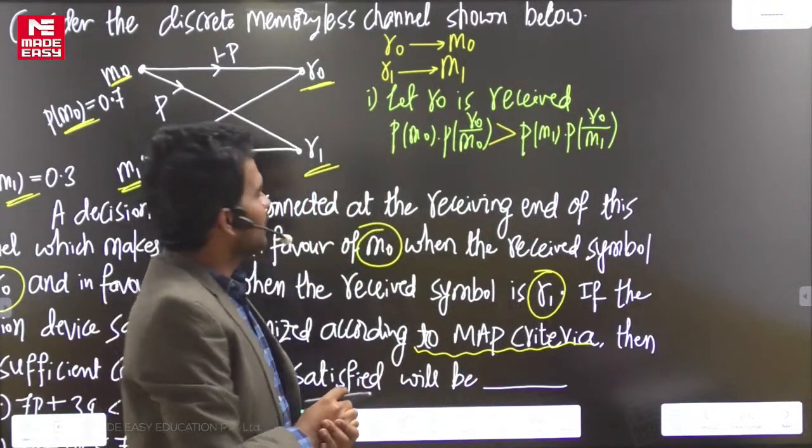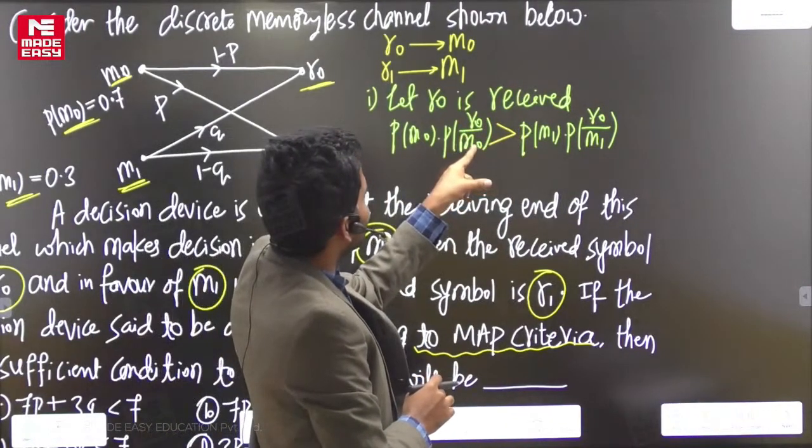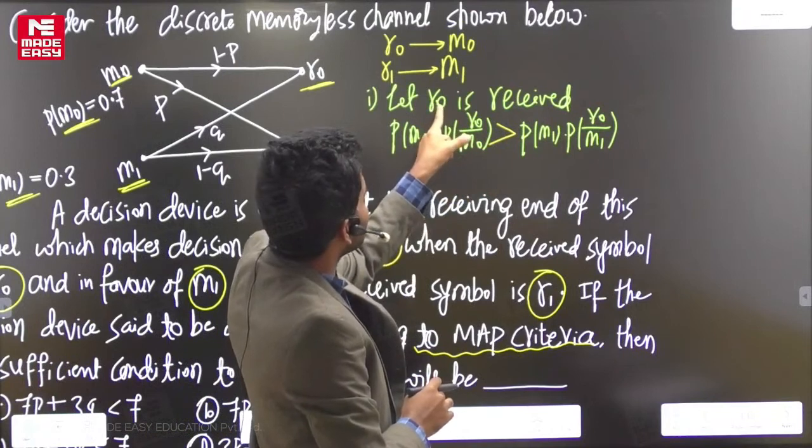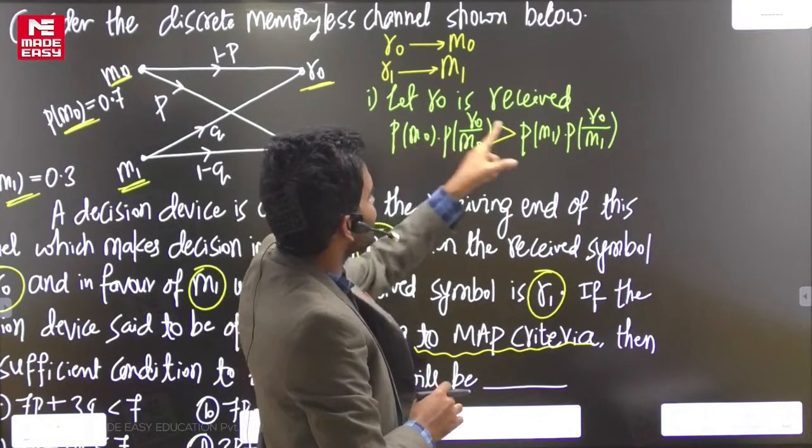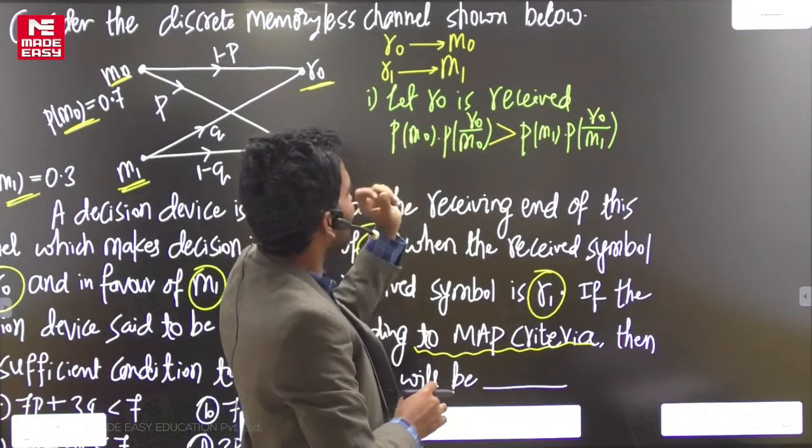If it is greater, then to receive R0 at the receiver side, M0 has more chances compared to M1, so R0 will be decoded as M0.